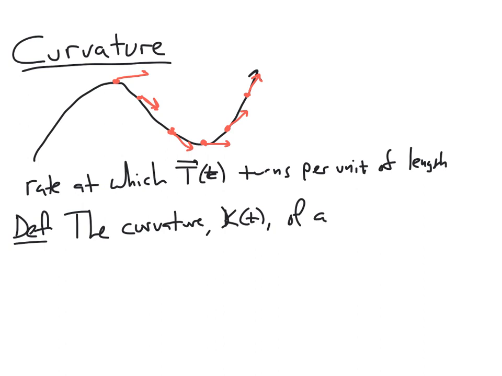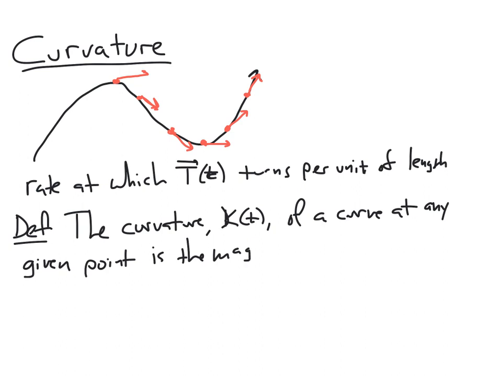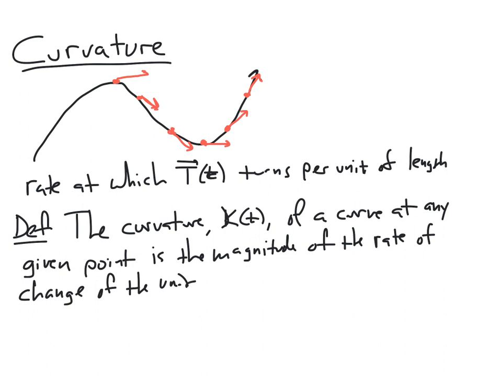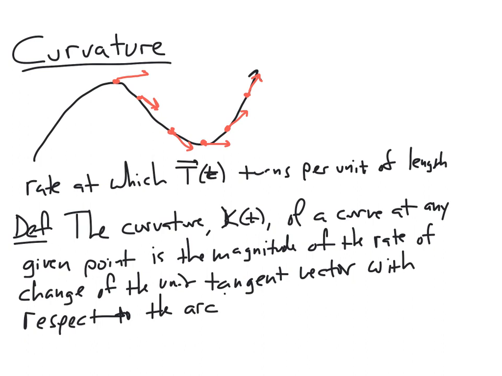The curvature kappa of a curve at any given point is the magnitude of the rate of change of the unit tangent vector with respect to the arc length parameter. So this is going to be our definition.